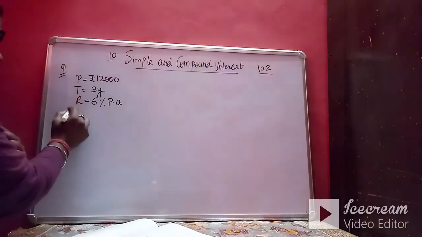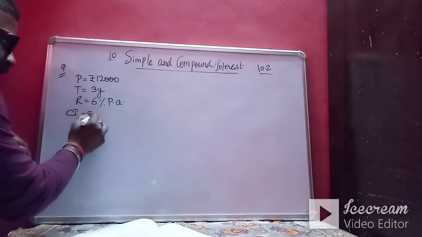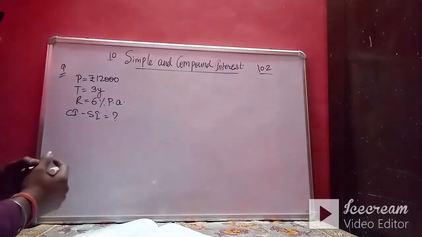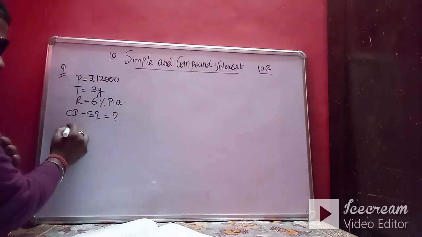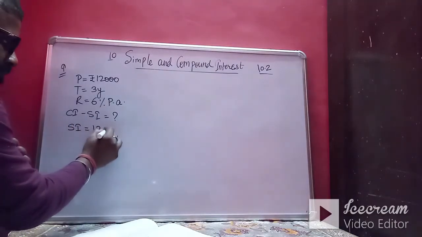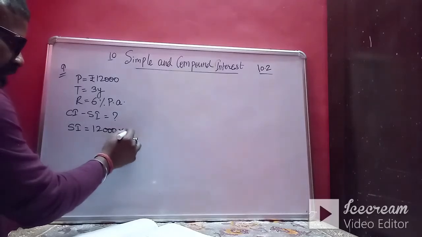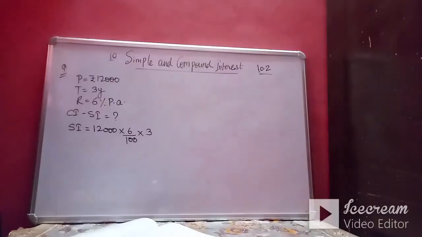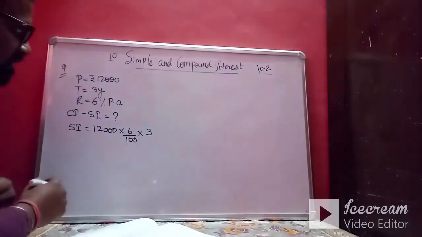We have to calculate difference between compound interest and simple interest. So first thing that we will do, we will calculate the simple interest, that is P into R, 6 upon 100 into T. We are taking time as the whole period.